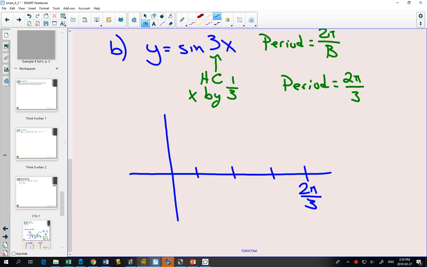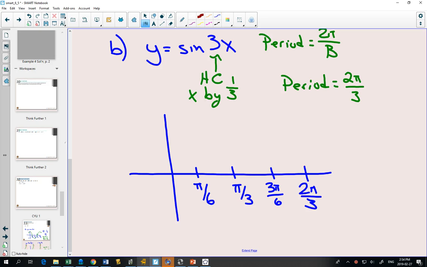What's half of 2 pi over 3? 1 pi over 3. What's half of pi over 3? Pi over 6. And if this is 1 pi over 6 and each of these sections are equal, 1 pi over 6, 2 pi over 6, this one will be 3 pi over 6, which you could write as pi over 2 if you wanted, or you could leave it like that.